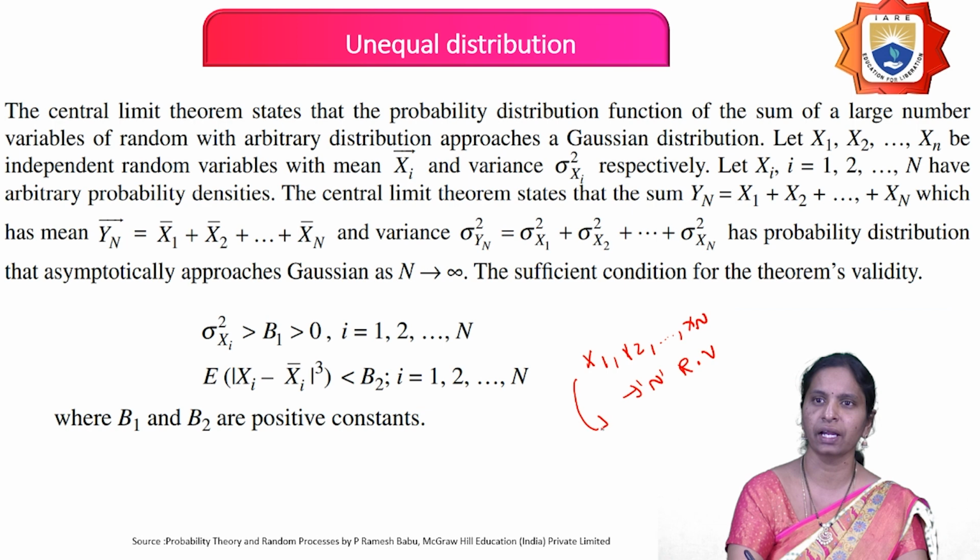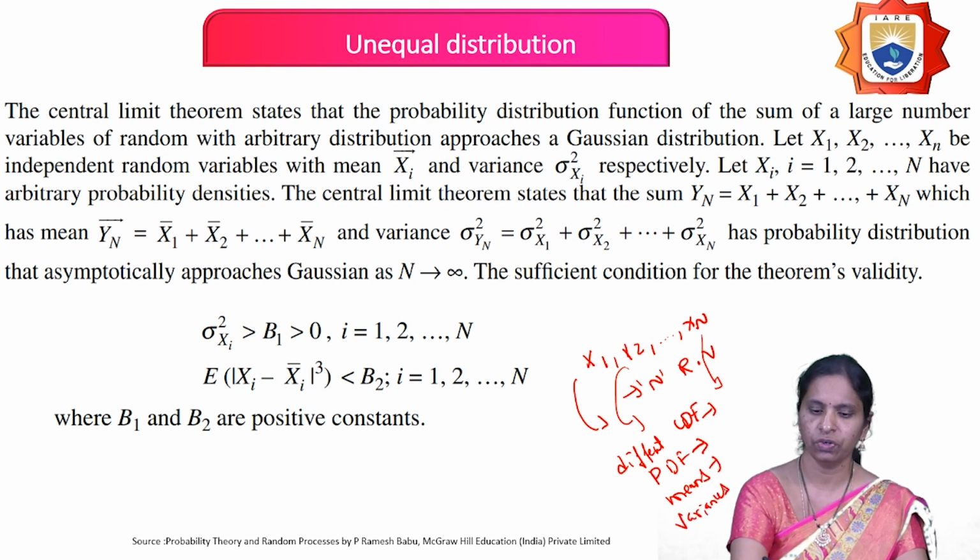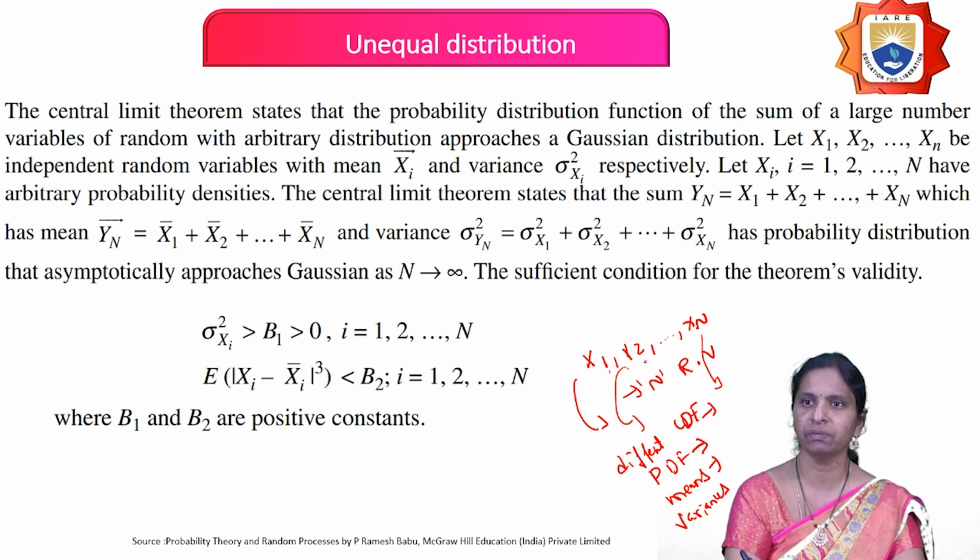And in the unequal case, each random variable is having different distribution functions. Thereby they have different density functions, and thereby they are having different means and variances.